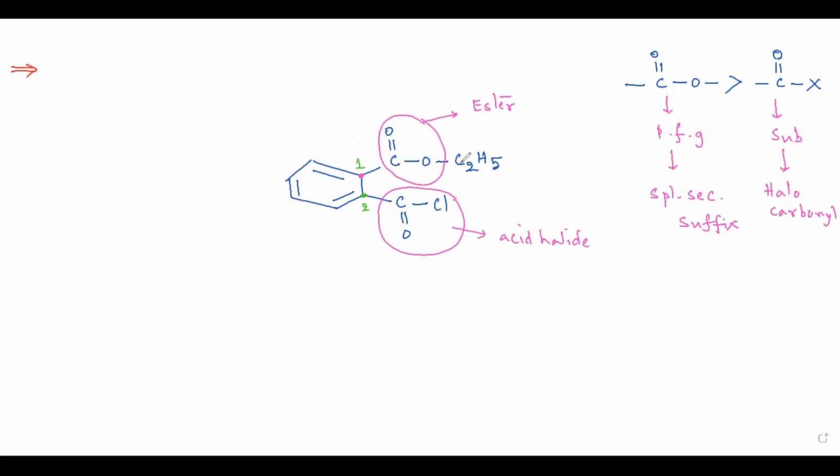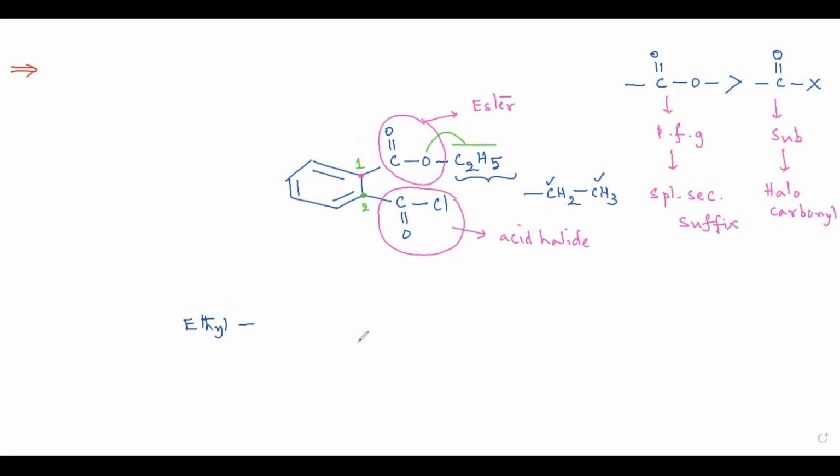So when you write the name of an ester, the thing attached to oxygen has to be written first. I told you this 3-4 times, even earlier also. So let me write ethyl. The thing that is attached to oxygen is nothing but CH2, CH3. It is ethyl because the 2 carbons are there. Yl because this connection is there.